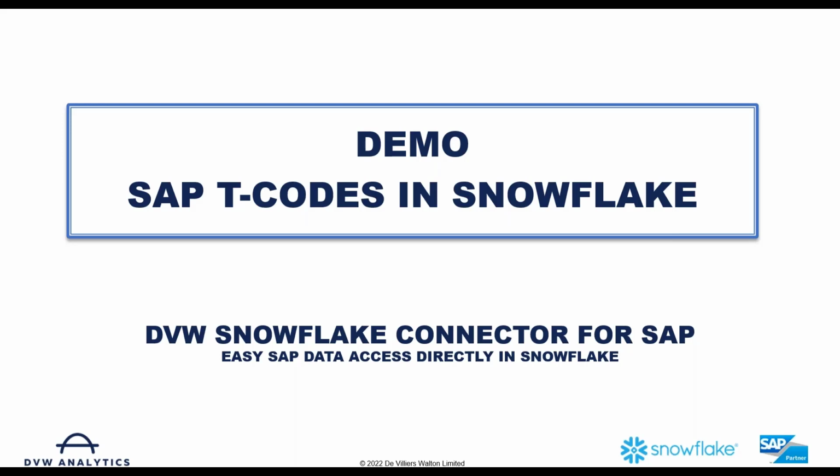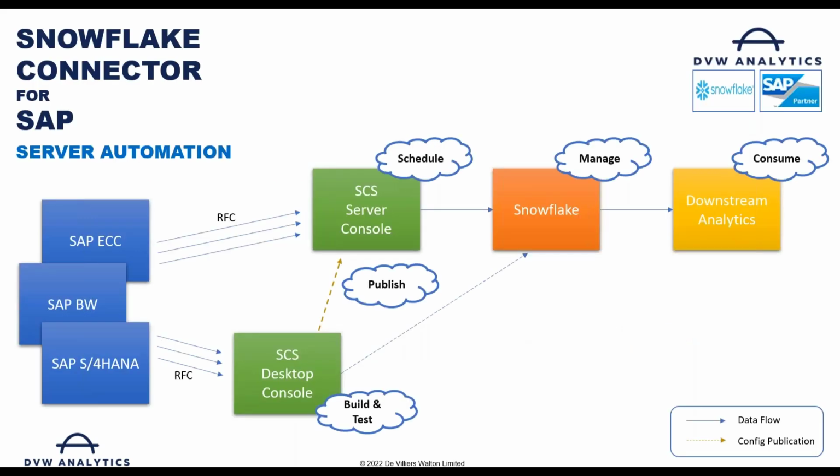However, where we see this being used quite a lot, and is really a game changer, is when it comes to more formal integrations with SAP. Because if we use Server, as you can see on the screen now, we can use the desktop console to create our connections, just as we've just done. So we can build them there. We can test them into Snowflake, check that the data is landing as expected, so the flow is working.